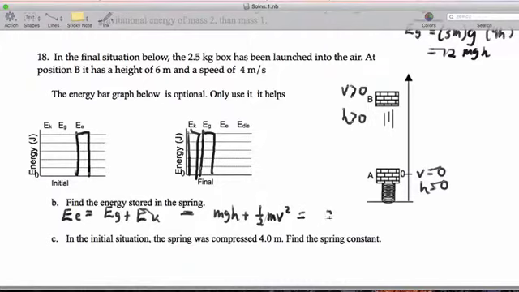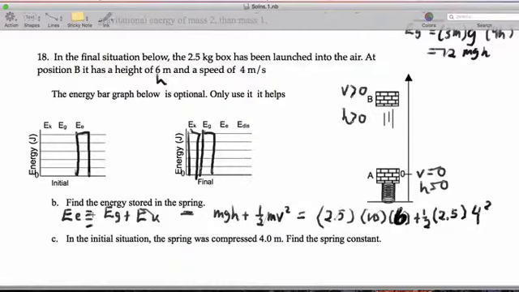That's 2.5 times 10 times a height, which is 10, plus 1/2 times 2.5 times 4 squared. And I'm sorry, the height here is 6, not 10. There's the h. So keeping all that in mind, let's calculate that number and get it down here.